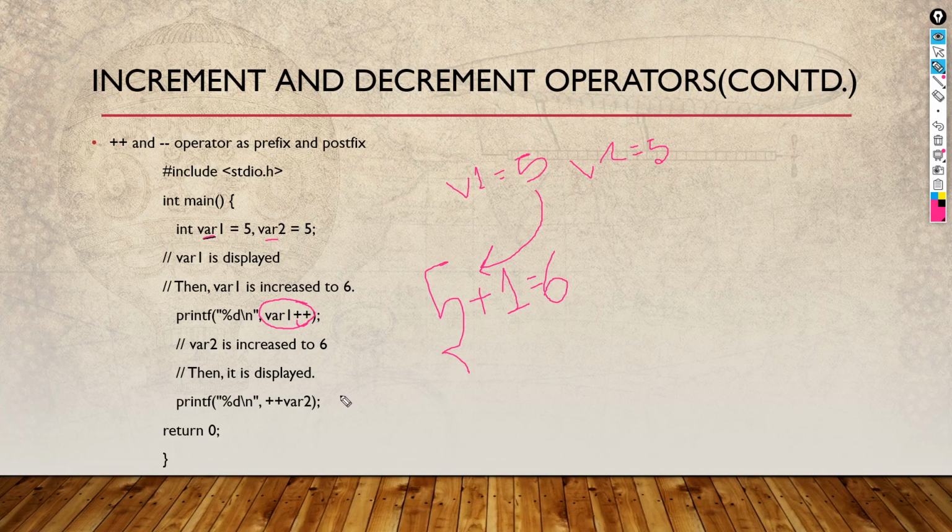But see here, when we do plus plus var2, first it will increment 5 plus 1 to 6, then it will return the value and print 6, right? Both values end up as 6, but in a different manner.